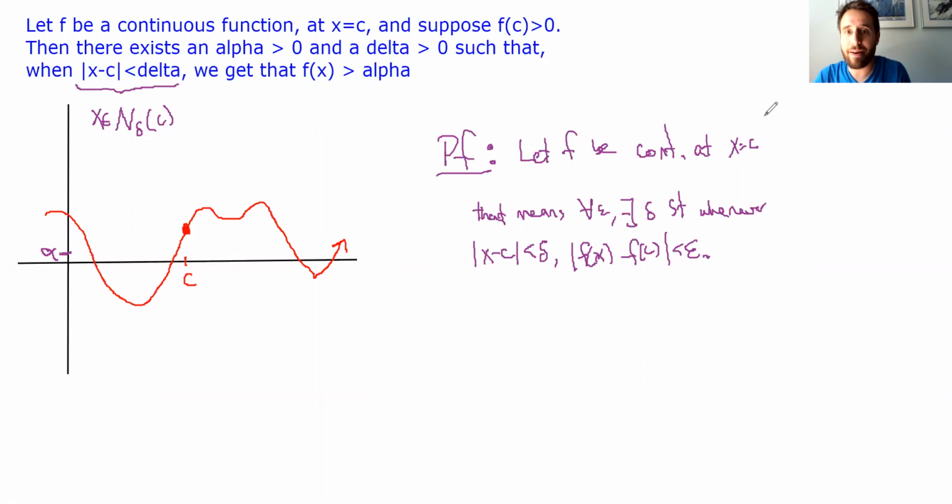Remember, this statement about continuity says that if I choose an epsilon, then I can find a delta such that whenever we're in this delta neighborhood, our output values f of x will always be within a distance epsilon from f of c. So our statement of continuity is implying something about the height f of c.